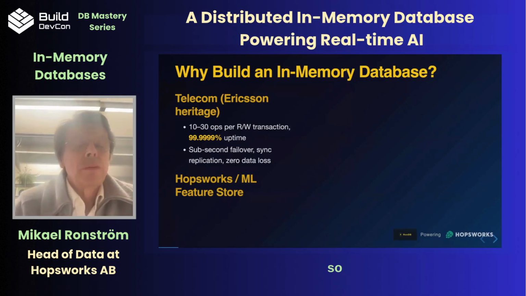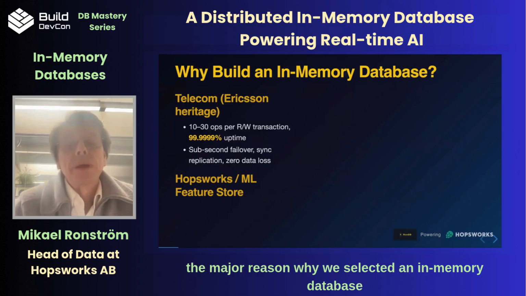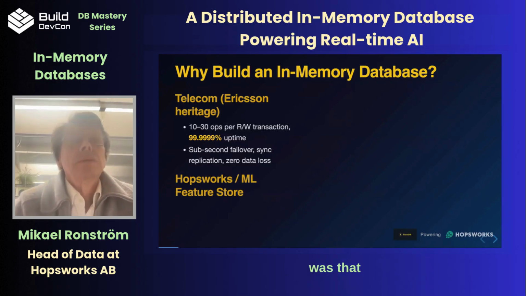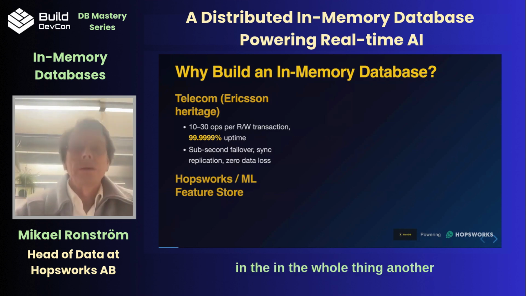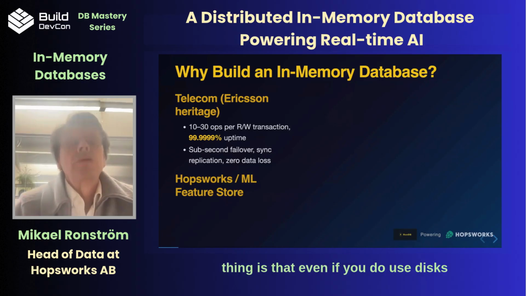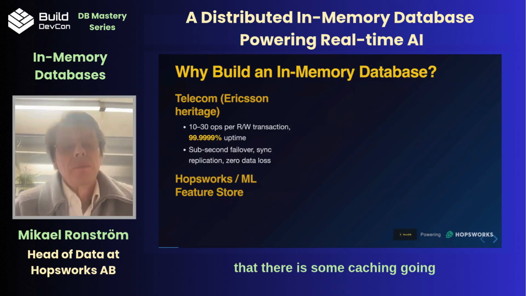The major reason why we selected an in-memory database was that disks were simply too slow to involve in the whole thing. Another thing is that even if you do use disks, you still have a problem that there is some caching going on.